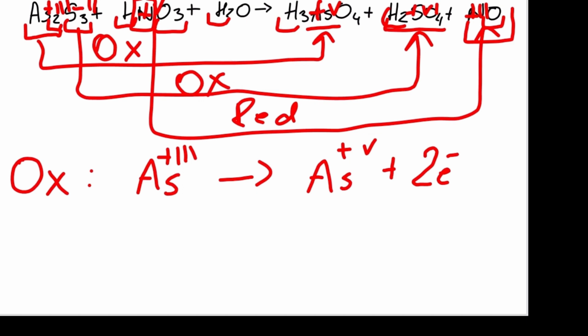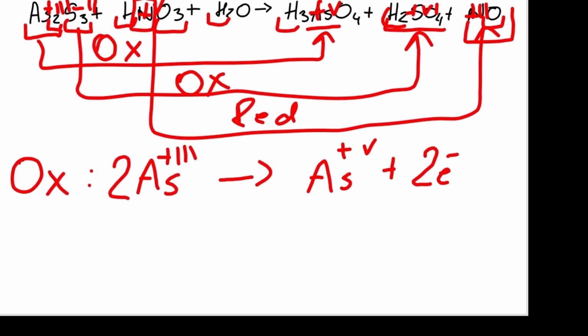So already at this step, we need to fill in these coefficients. So we need to put 2 in front of the arsenic. If there is a number other than one in the subscripts in these compounds, we need to take this number into account.